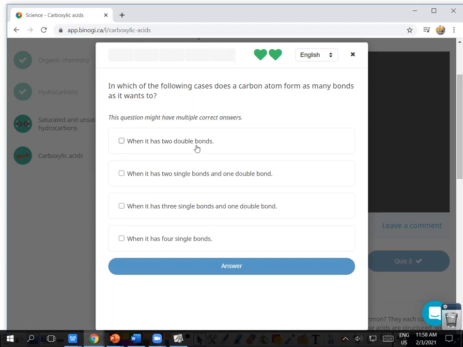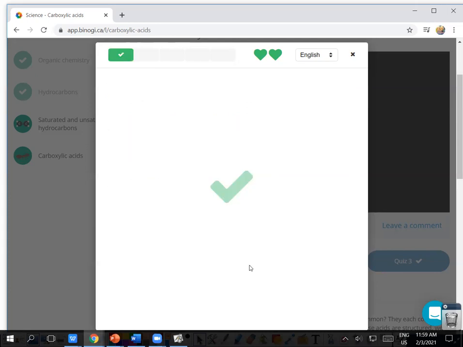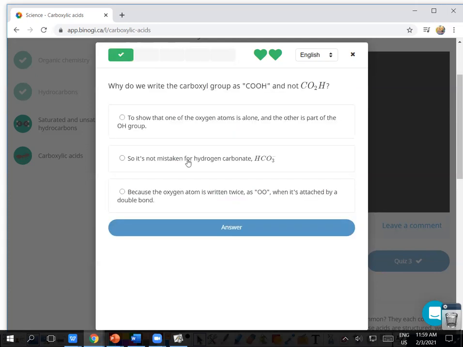When it has two double bonds, when it has two single bonds and one double bond, when it has three single bonds and one double bond, it's impossible to get 5 carbon atoms, when it has 4 single bonds. Why do we write the carboxyl group as COOH and not CO2H? To show that one of the oxygen atoms is alone and the other is part of the hydroxyl group.